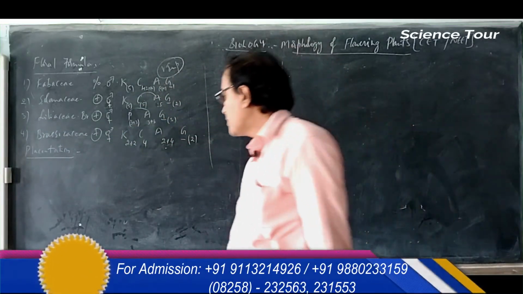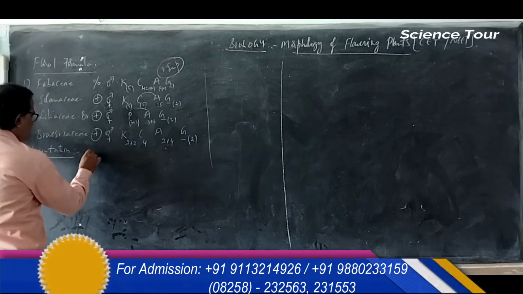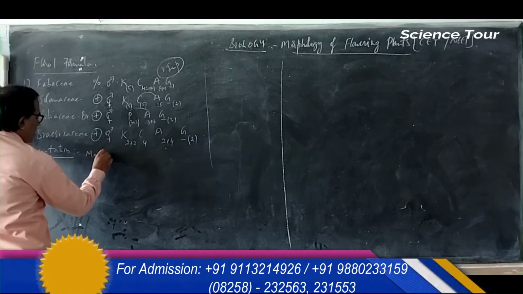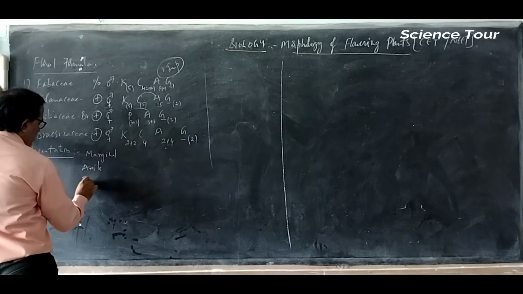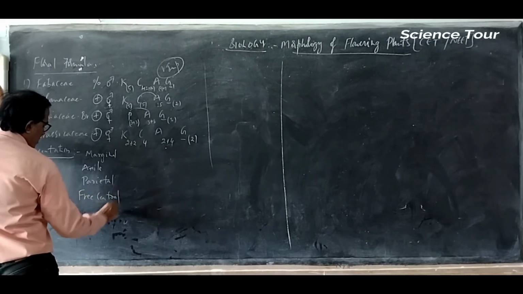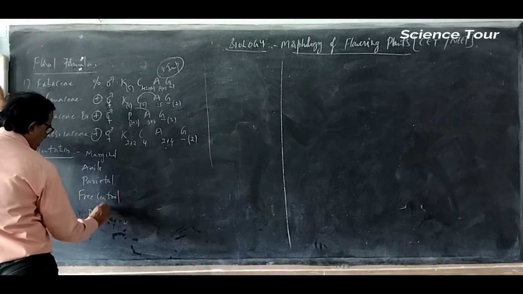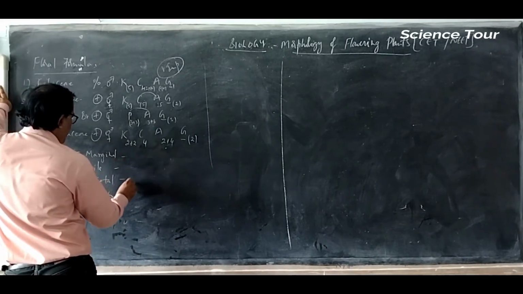Different types of placentation we have studied, which are marginal, axile, parietal, free central, and basal, correct?